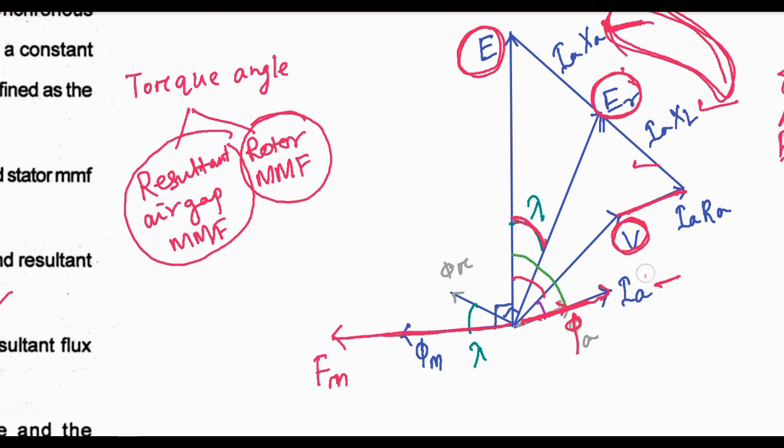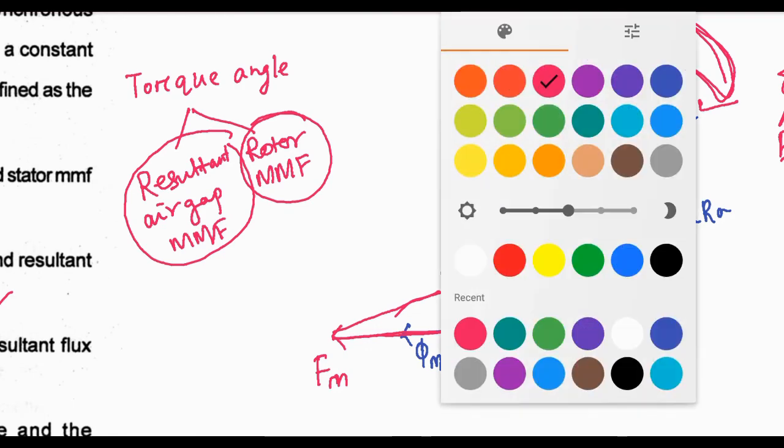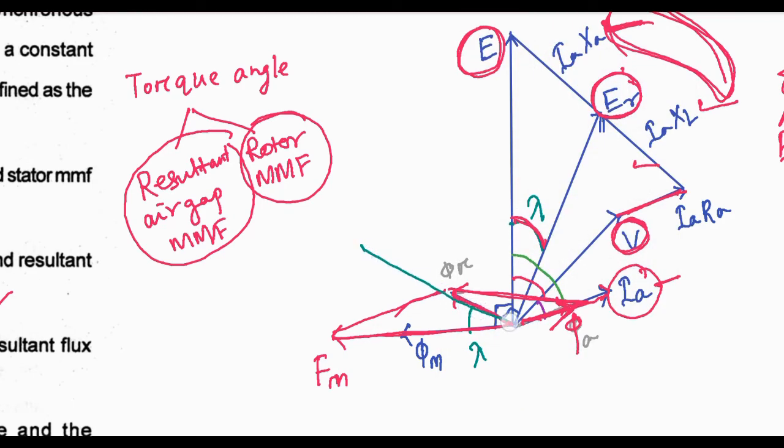This is the load current IA, and this is the load flux, and its resultant is phi r. This is the resultant, and if we expand this one, this will be F, that is MMF, the resultant MMF FR, and always E is perpendicular to this one, and this one, ER, is always perpendicular to the resultant.